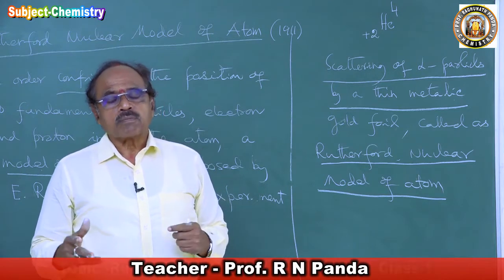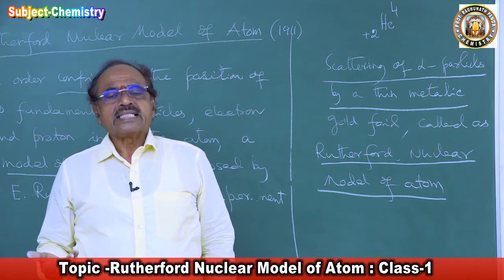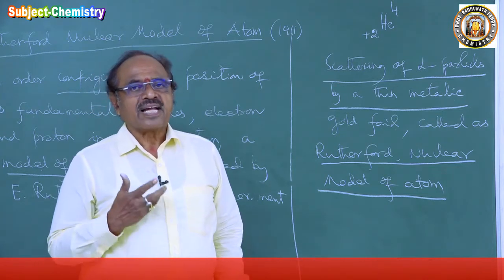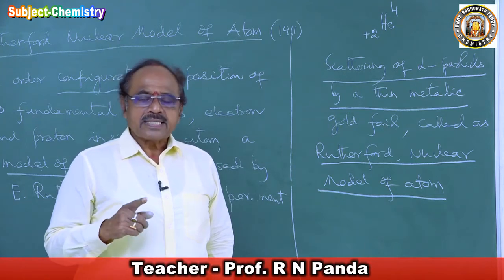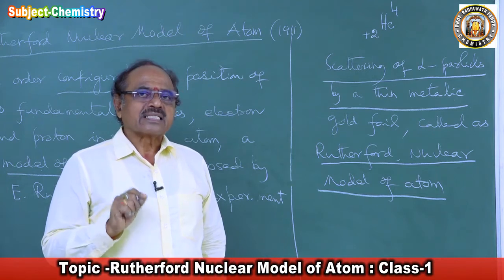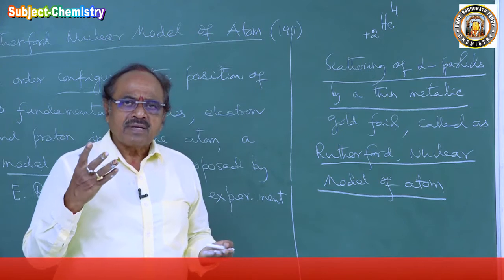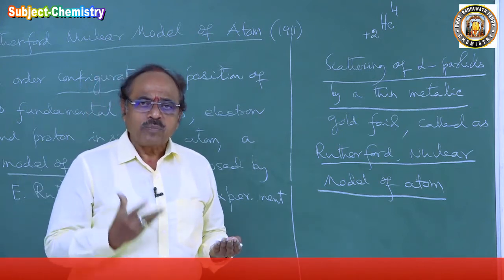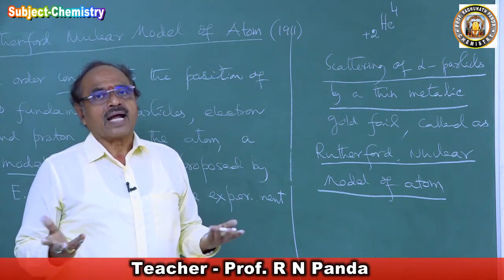Then he took the gold foil, because gold has another important property: it remains unaffected by acids and bases. Even concentrated nitric acid does not act upon gold. Hence the gold metal remains in the atomic state, so whatever observations Rutherford makes will be due to an atom.